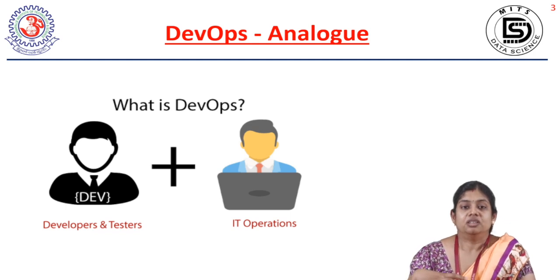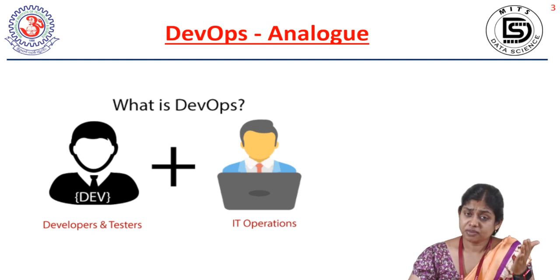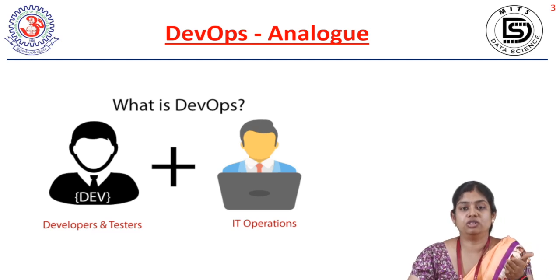If a client is giving some queries or some doubts or any other improvement to be done on the product which is delivered, the client will be communicating only to the operational team. That is the major difference between the agile model and the waterfall model, which is not a DevOps model.